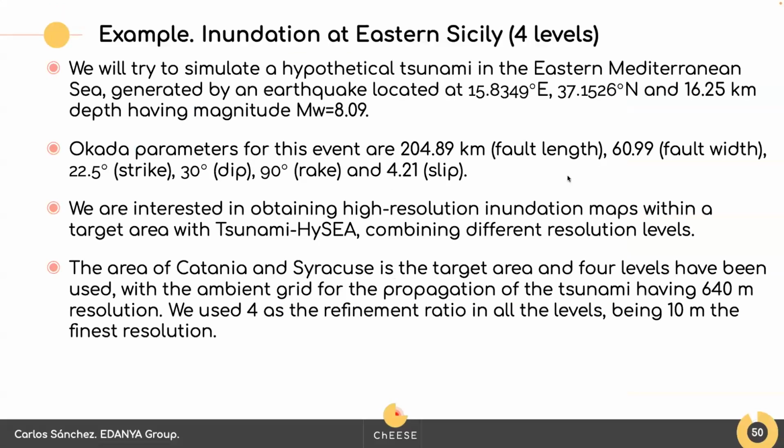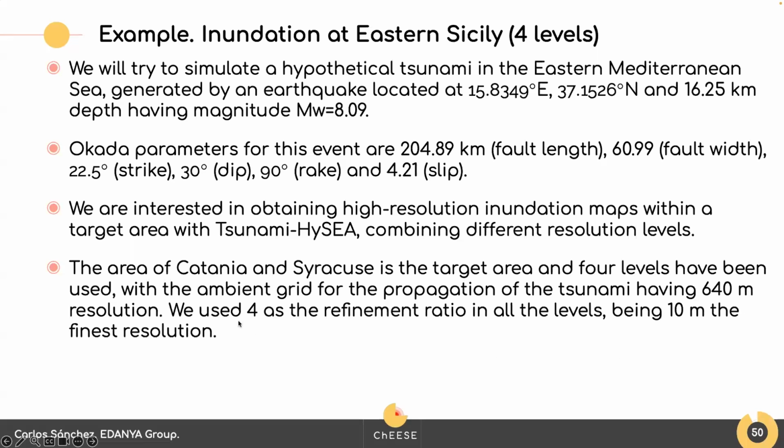Okay, so the experiment that we will try to simulate is a hypothetical tsunami in the Eastern Mediterranean Sea. This is the characteristic, the location of the earthquake, the magnitude, the Okada parameters, and we are interested in obtaining high-resolution inundation maps with a target area combining different levels of resolution, with the goal of obtaining inundation maps with 10 meters of resolution, starting from an ambient grid of 640 meters of resolution.